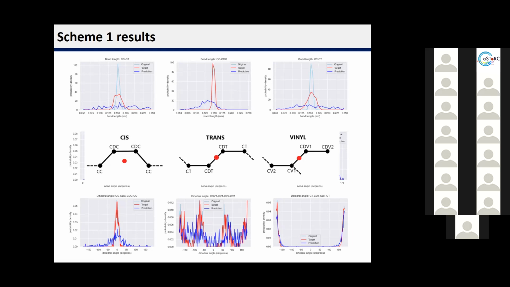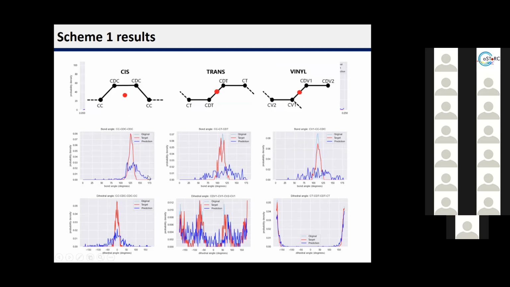Now, if we go to the second image, we have a CC-CDC bond length, which is inside the cis monomer. And as we can see, we have almost a perfect match between the target and the original distributions. Now for the dihedral angles and bond angles, the original and target distributions are very close.